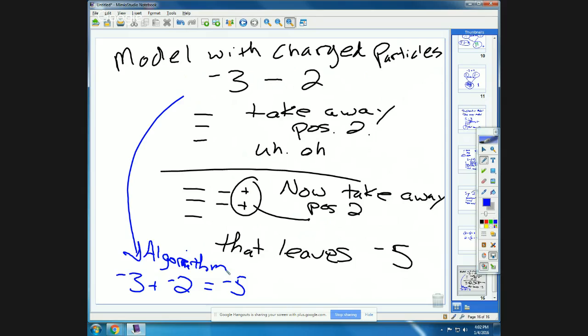Let's do this again. So what's our algorithm for subtracting integers? What's our process? Are we always going to draw these pictures? No, the pictures are of the model, right?